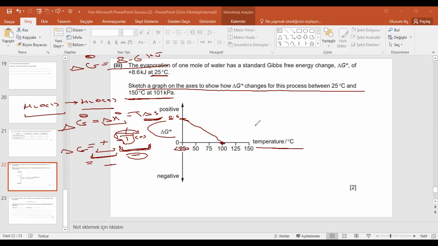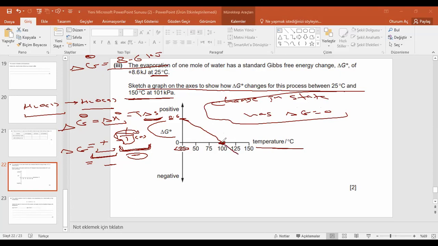Because you know, guys, at 100, water boils. Water changes from liquid to gas. So any change in state has delta G of 0. It's equilibrium. So here we have the line and it keeps moving and becoming negative.